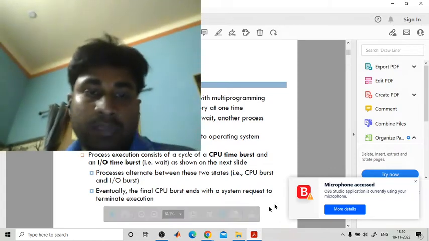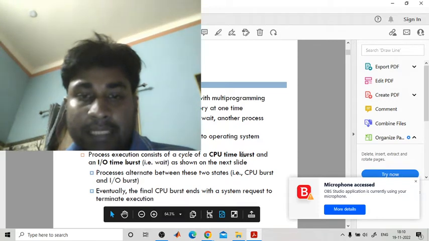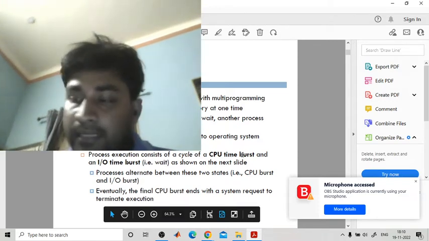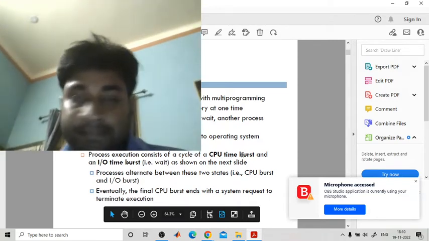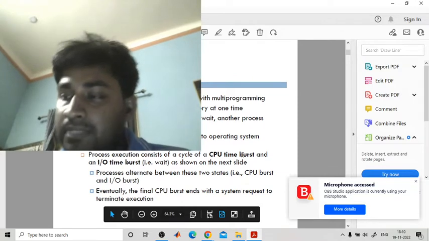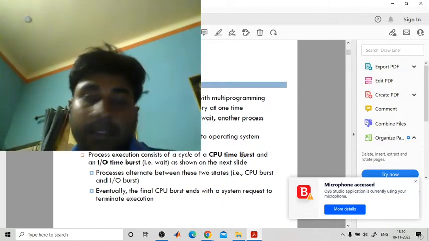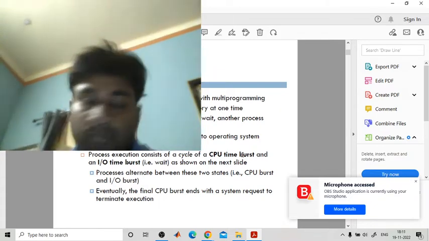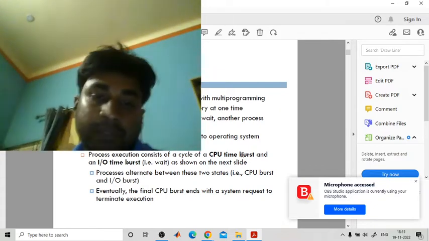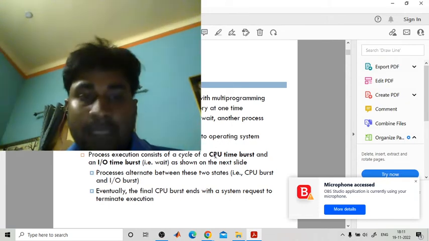Now there are two different things: one is the CPU time burst and the other is the IO time burst. So what does time burst mean? It means the time taken for the process to execute in the CPU. That is the CPU time burst.